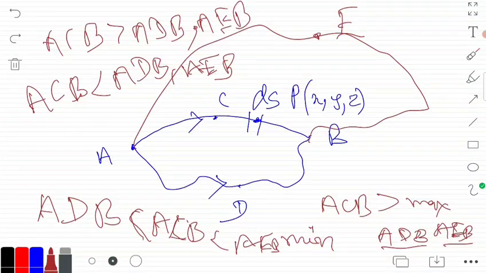So ACB will either be maximum, or minimum, or equal to them. An intermediate situation cannot arise where ACB is greater than ADB but smaller than AEB, or AEB is greater than ACB but ACB is greater than ADB.